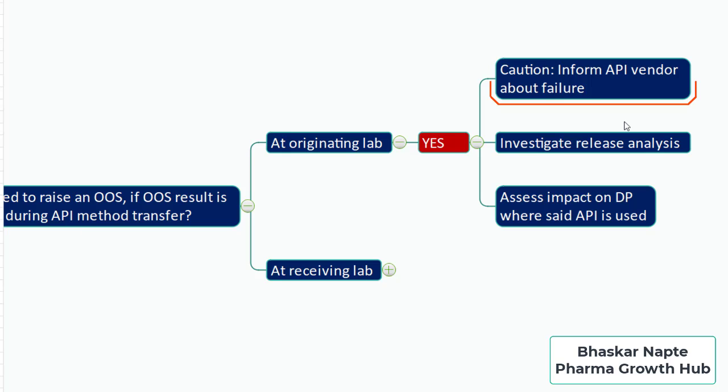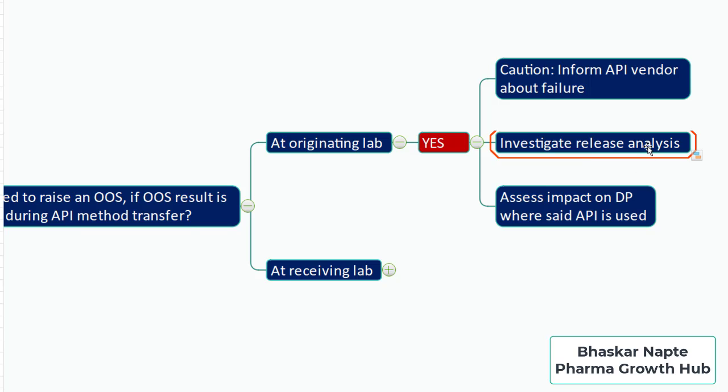If you are not the API manufacturer, and if you are getting the API from another vendor, you must inform the API vendor, because this is the lot which might have been supplied to many other vendors. And in case this particular lot gets used in the production of a drug product, then it has a very serious impact. So for that reason, you must also inform the API vendor.